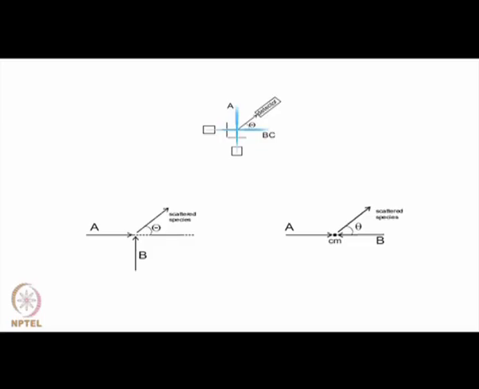That is why the data is plotted, that is, the signal for the scattered species, the flux of the scattered species, is plotted in reference to your center of mass system. Now, for collision between molecules, the relevant kinematics are defined by their motion relative to one another.